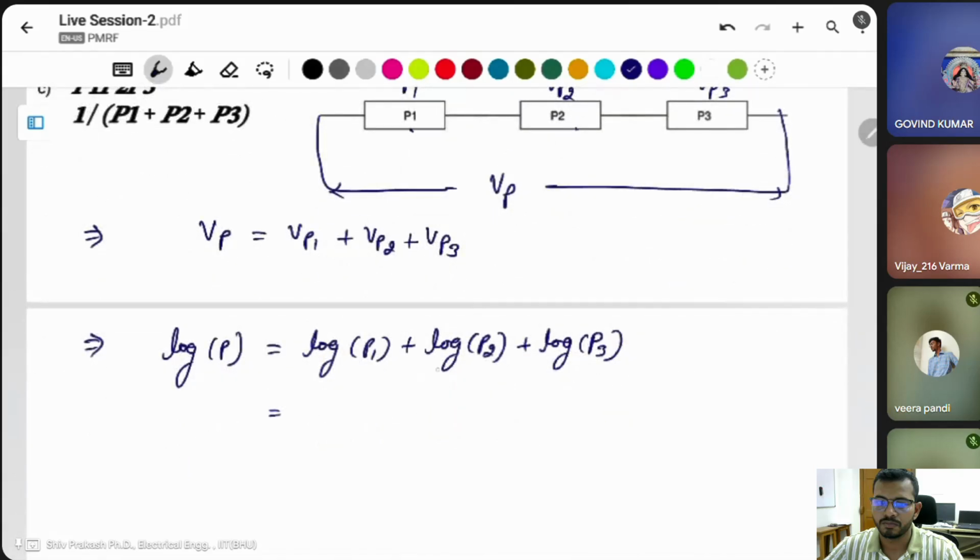Log A plus log B is log A into B, so P1 into P2 into P3 in this case gives log P. And what is P? The coefficient is P1 into P2 into P3.